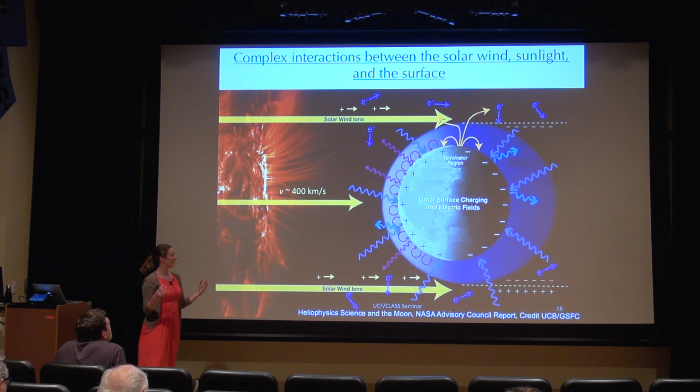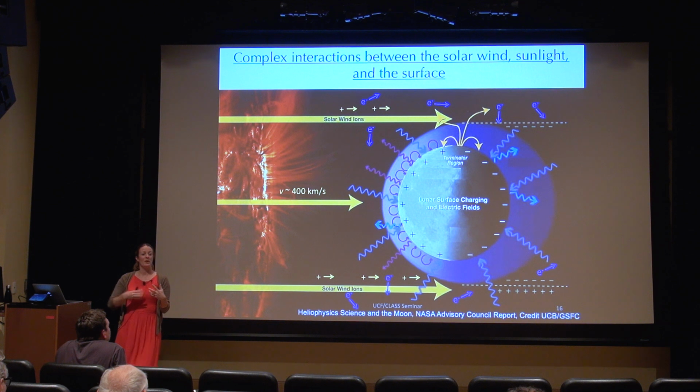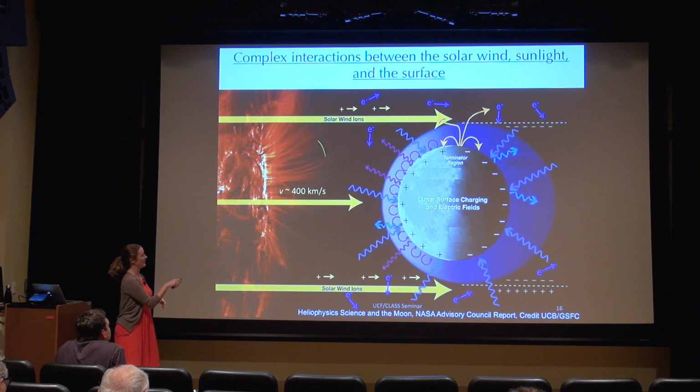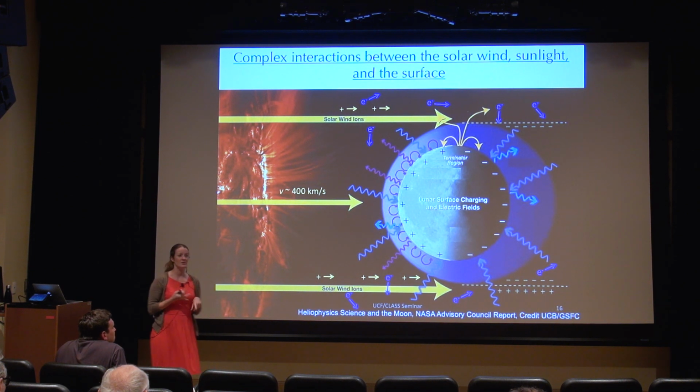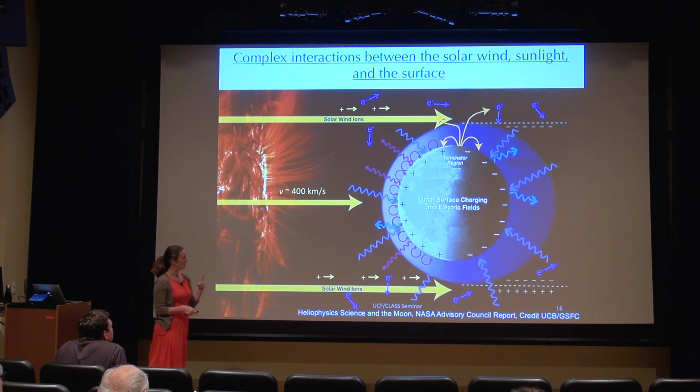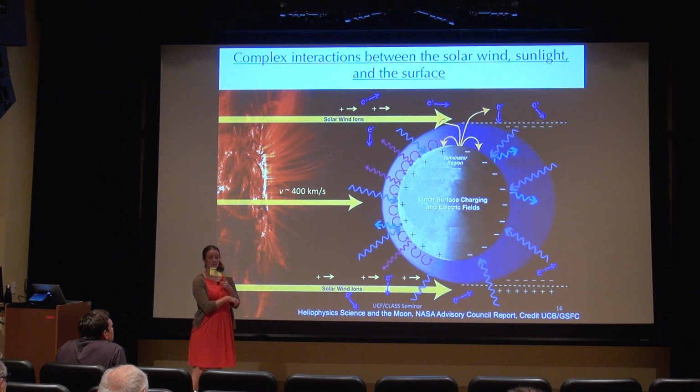And so they have really interesting structure in the way the solar wind moves, and it has to do with magnetic field lines, but mostly we care about the fact that it's these charged particles, so electrons and ions, that are coming off the sun and hitting any of these surfaces that we see. So spacecraft, planetary surfaces, all get these electrons and ions that come to the surface and charge the surface. We also have light from the sun, right?